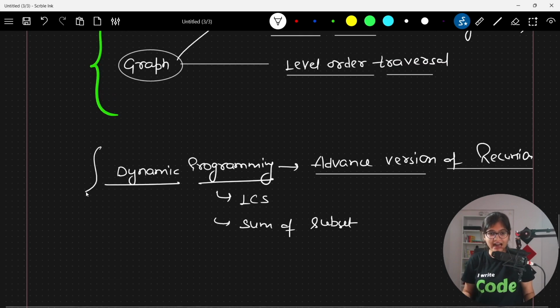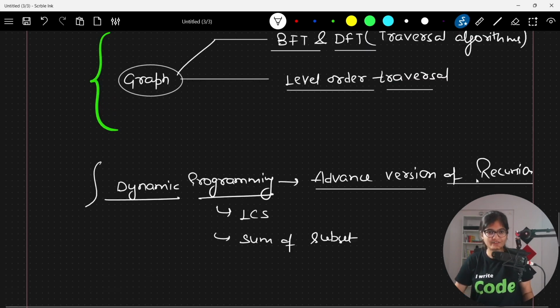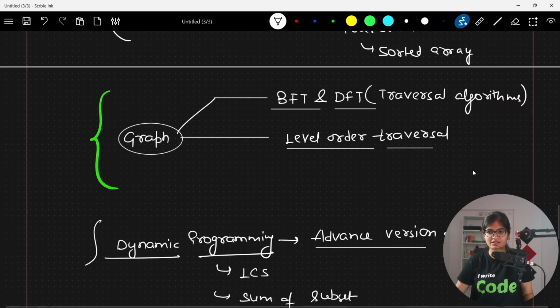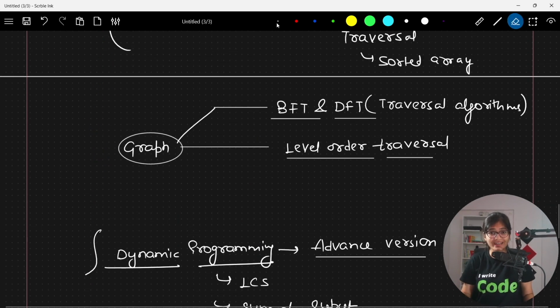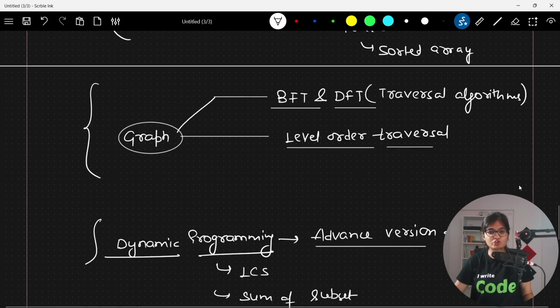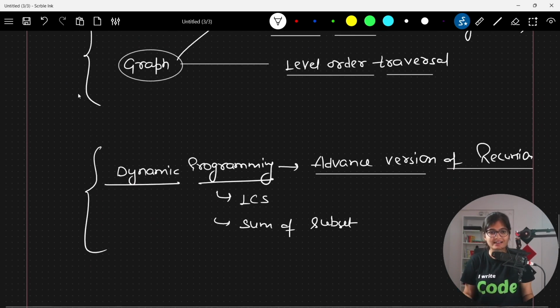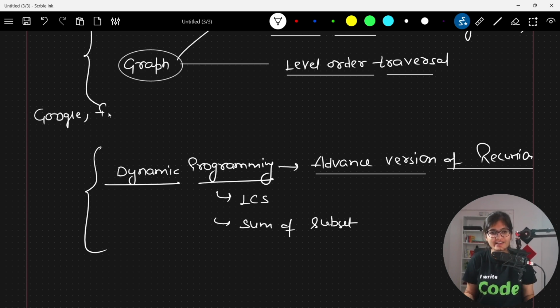These two parts, graphs and DP, are very important topics if you want to crack something like Google or Facebook.